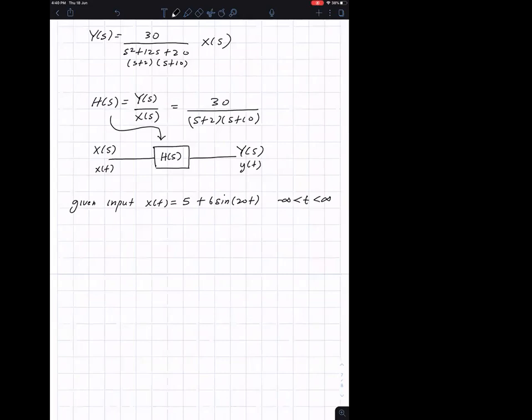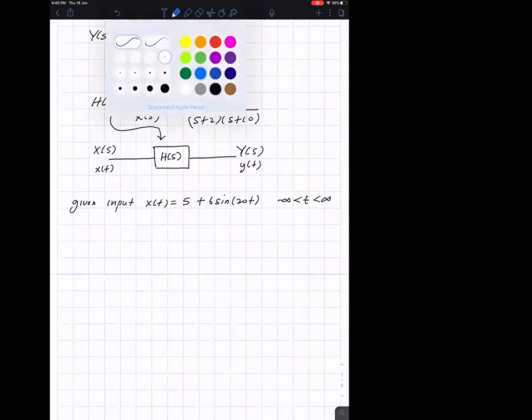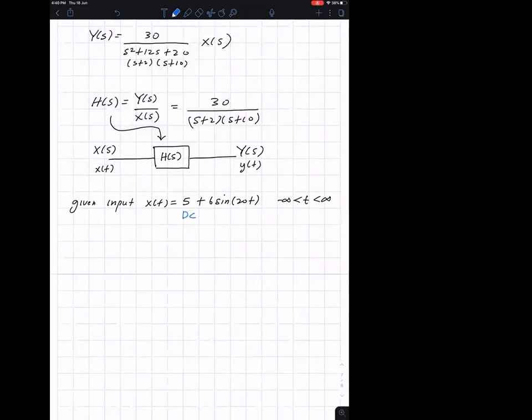All right, using phasor analysis. Phasor, you know, right? Now you can see the input as the DC plus AC. DC has omega 0.